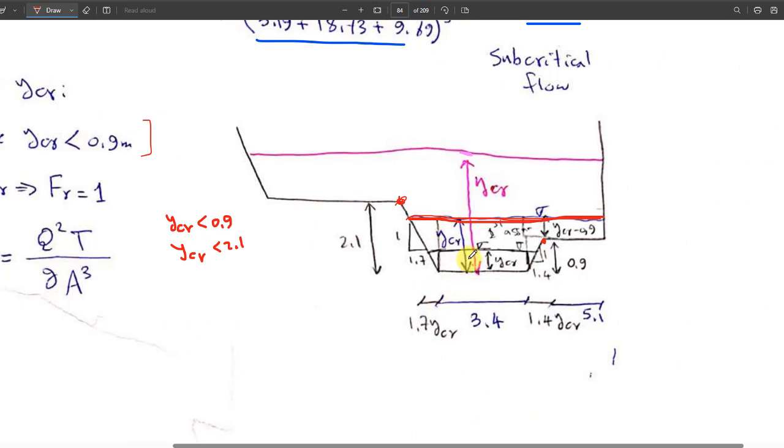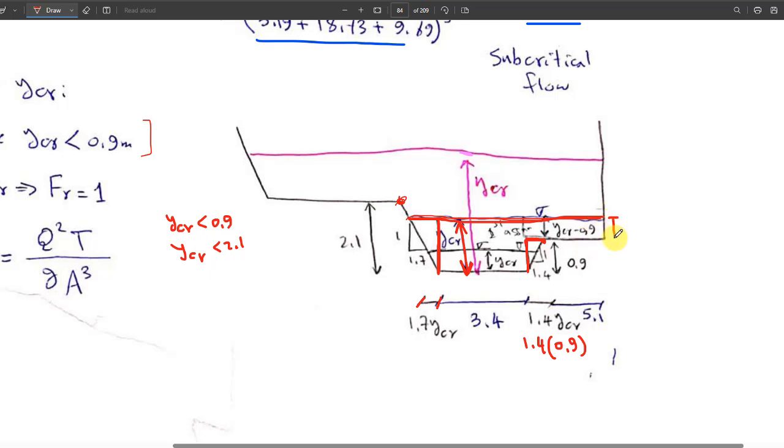So what we do here is we say the whole vertical distance, this one, is y critical. So y critical makes this triangle on the left, triangle height. Therefore, again, this one will be 1.7 y critical. Okay, that's perfect. What do we say about the other one? Here now we don't say it is 1.4 y critical about this triangle. Look with me. This triangle we have it complete depth, which is 0.9. So I should say it is 1.4 times 0.9, because we passed that point, now we know it.